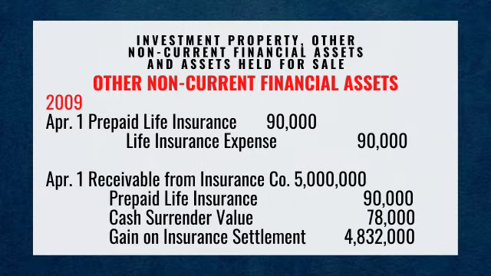April 1st, debit prepaid life insurance for 90,000 pesos and credit life insurance expense for 90,000 pesos. April 1st, debit receivable from the insurance company 5 million pesos. Credit prepaid life insurance for 90,000 pesos.